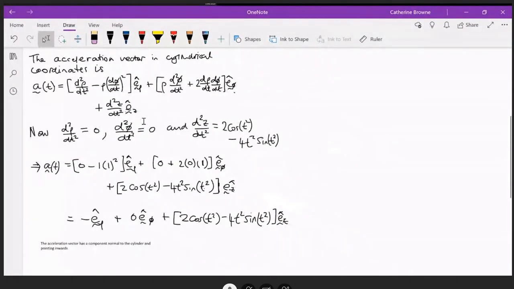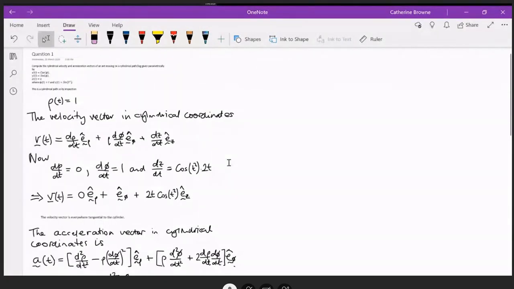So we're in cylindrical coordinates. So this is what the velocity vector is given by, and we find the necessary derivatives and just substitute that into the formula. Does that make sense? Yep. Cool.